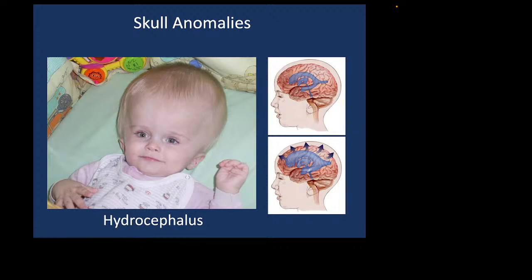This takes place when there is no connection between the brain ventricles, between the fourth ventricle and the fluid from the internal cavities of the brain.